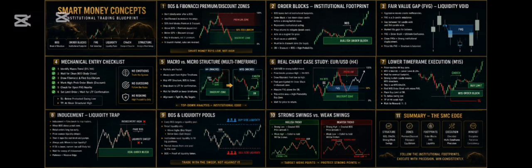Now let us address the critical concept of multi-time frame structural alignment, macro with microstructure. One of the most dangerous traps is ignoring the multi-time frame structure matrix.